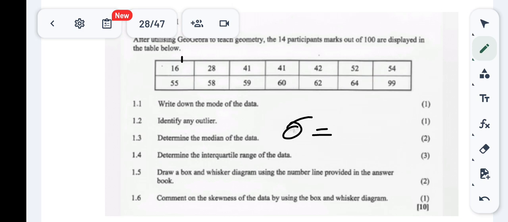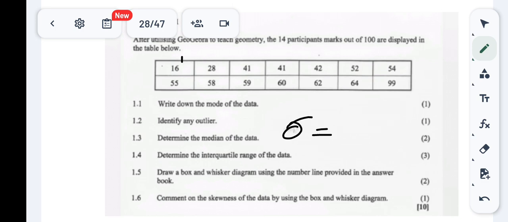So it's 16 equals, 28 equals, 41 equals, 41 equals, 42 equals, 52 equals, 54 equals, 55 equals, 58 equals, 59 equals, 60 equals, 62 equals, 64 equals, and lastly 99 equals.